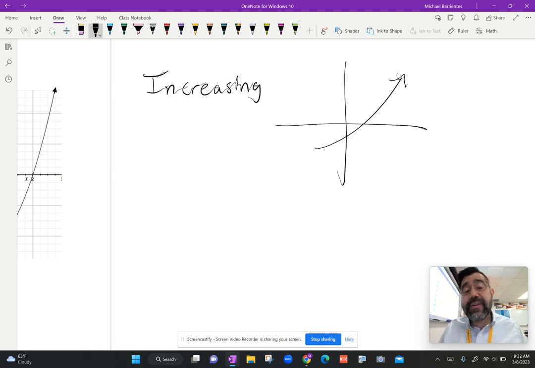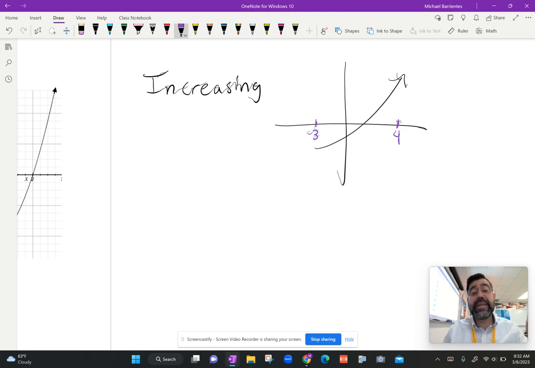And we say that a graph is increasing on a window or on an interval. Let's say I tell you that the graph is increasing from x = -3 to x = +4.